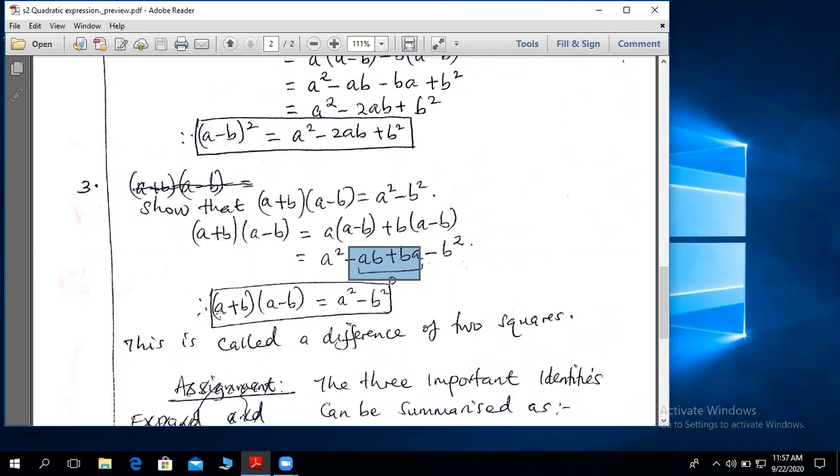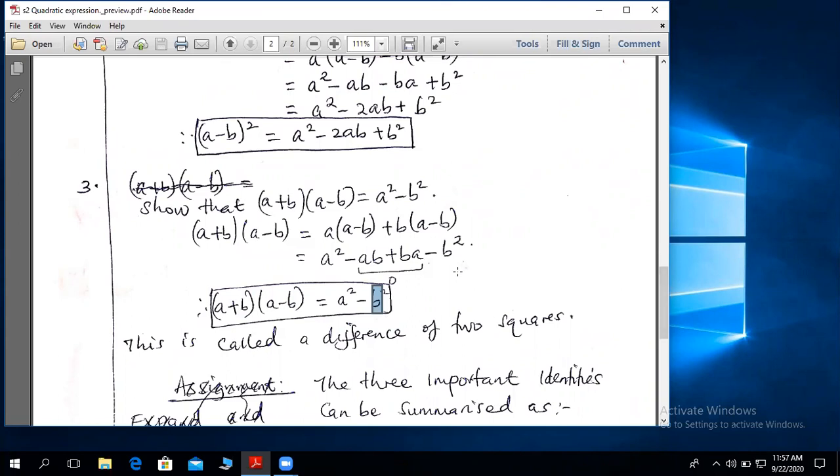So this is our third identity, and this third identity is called a difference of two squares. Why do we call it a difference of two squares? Because you are subtracting two numbers which are squared. This is a squared, so it is a square, and this is b squared. And the difference means subtraction.